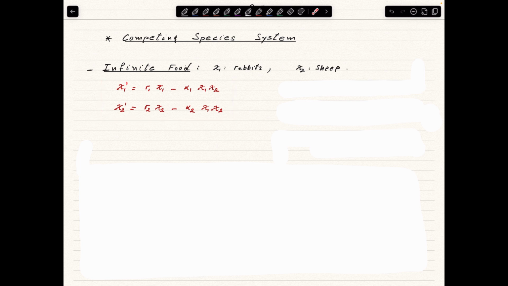Recall that the infinite food part of the system is given by this part of the equation. When we don't have sheep, for example, then this term is not there, and this equation is not there. And then what we have is the exponential growth equation for the population of rabbits, and this reflects the fact that we have infinite food resources for the rabbits.